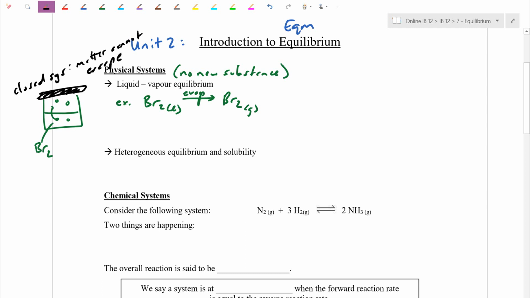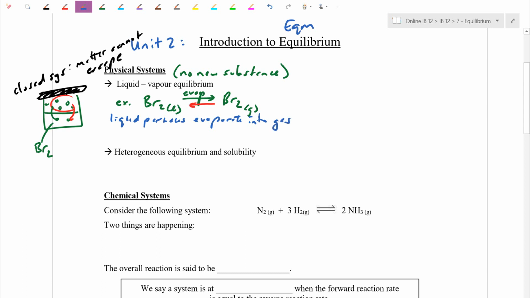Right, so I want to make sure the gas sticks around so that eventually, at first it was just all evaporation. Once I build up enough gas, these gas particles can actually do the reverse of this evaporation and condense back into the liquid form. So we're going to just make a note here, especially going in the reverse direction. Liquid particles evaporate into gas, so that's the forward direction.